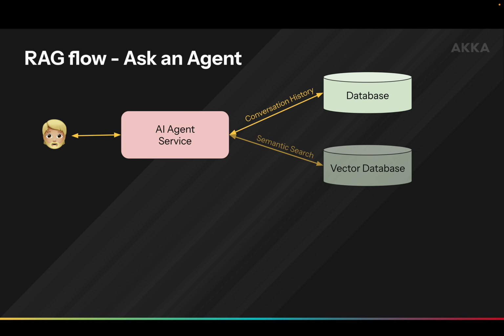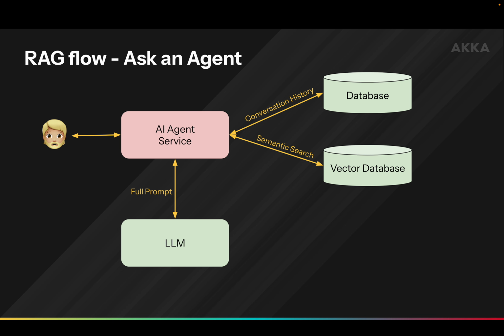So we grab the conversation history, and then we do a semantic search against the vector database in order to pull whatever other information we think is relevant to the question being asked. Like I said, that can be anything from publicly available documentation or code to information that is specific to the customer that is involved in this particular agent session. And then the full prompt, which you saw a minute ago, gets sent to the LLM, and then we get answers, and hopefully those answers are what we're looking for.